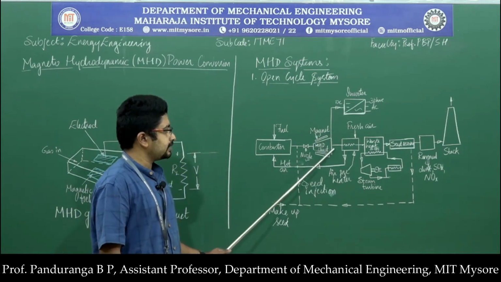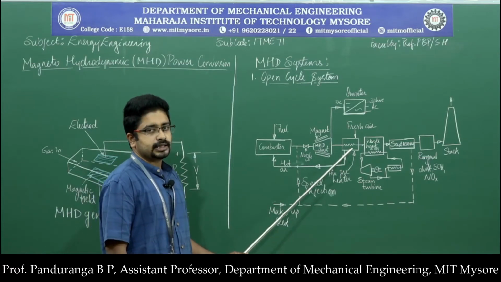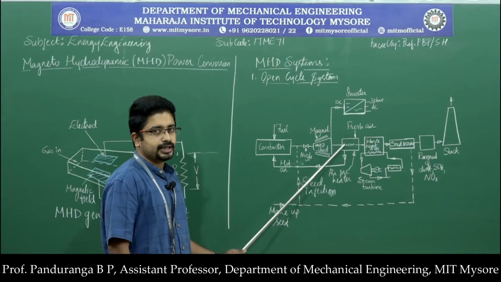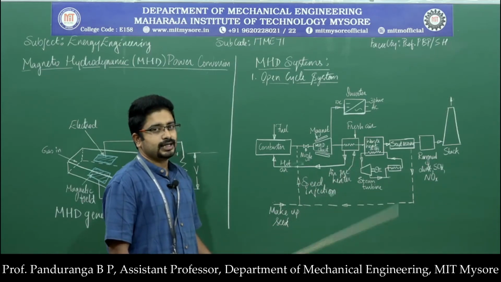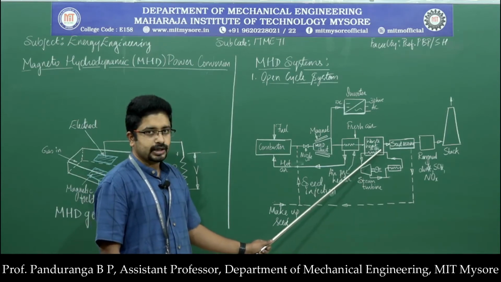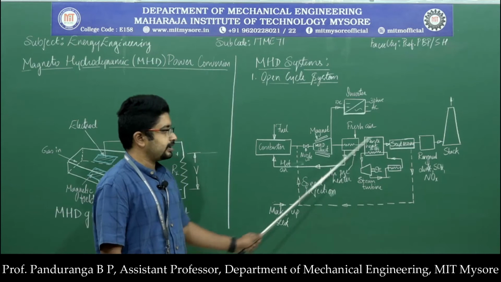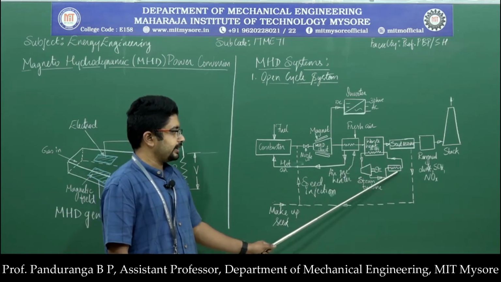And then from here the hot gases will enter the air preheater, where they transfer some of their energy to the fresh air drawn from the atmosphere. From here the hot gases enter the waste heat recovery steam generator. So here we have another steam cycle. We have the condenser.